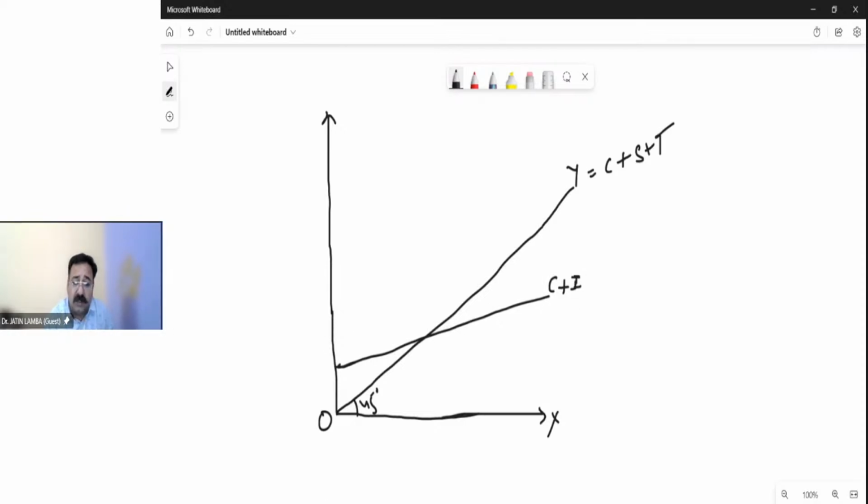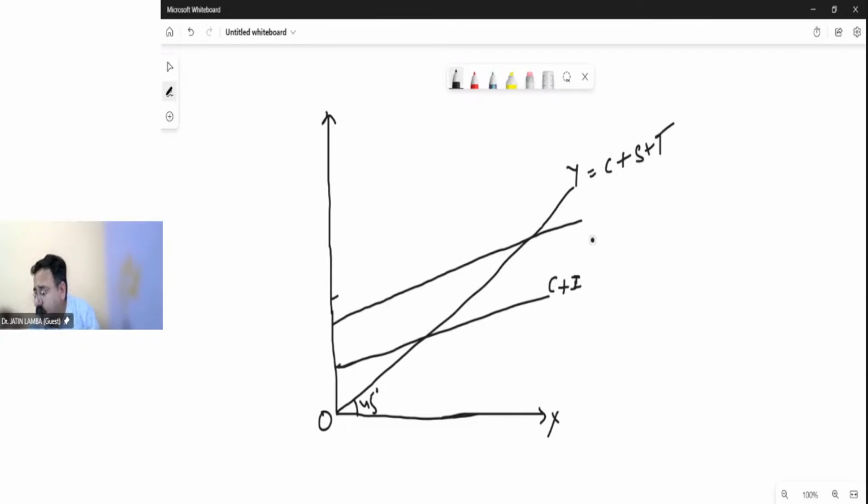If you take the three sector model, C plus I plus G. This is the three sector model. This will be parallel to C plus I because G, which we have taken, is constant. In all the previous numericals you have seen G is taken to be constant.